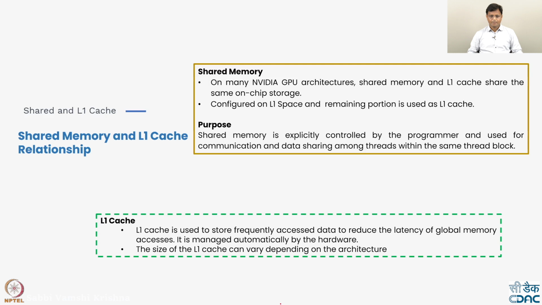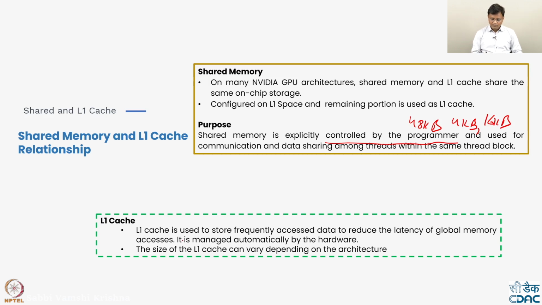The shared memory is controlled by the programmer and is used for communication and data sharing among the threads within the same block. Suppose the maximum limit is 48 kilobytes, and you want only 4 kilobytes, you can allocate that. If you want 16 kilobytes, the programmer can allocate that much shared memory space on the L1.